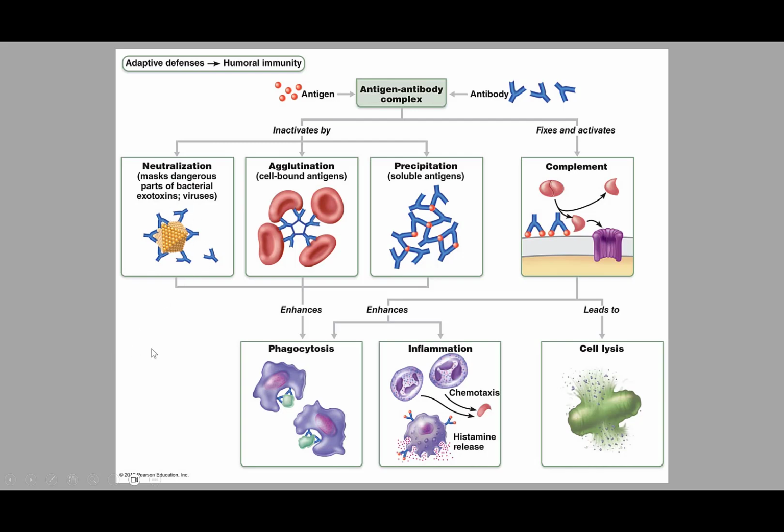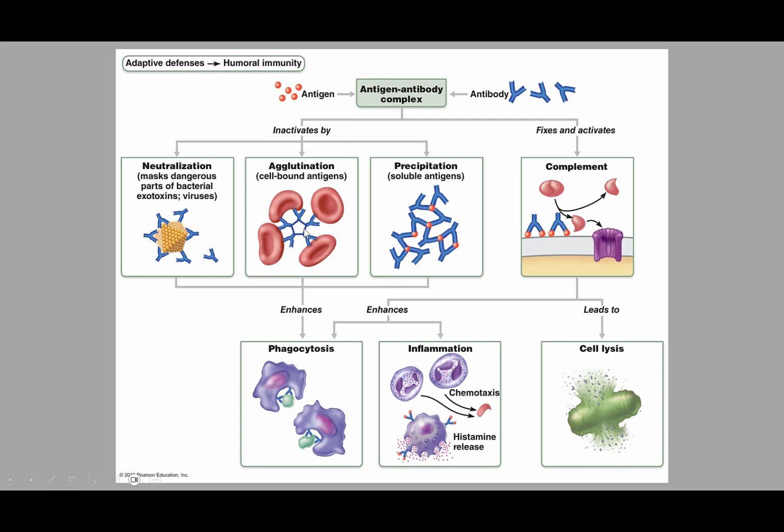Bacteria or viruses or whatever are going to use their antigens to attach to various parts of our body, sometimes getting inside of our cells, sometimes hanging onto the surface of our cells. But neutralization, one of the things that we're doing is covering up those antigens on the surface so that that pathogen can't do those things.